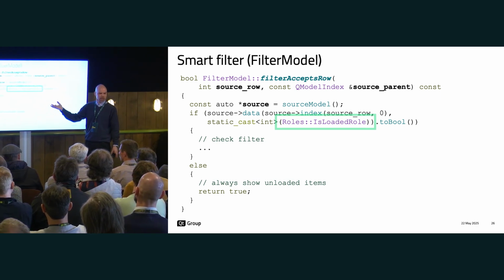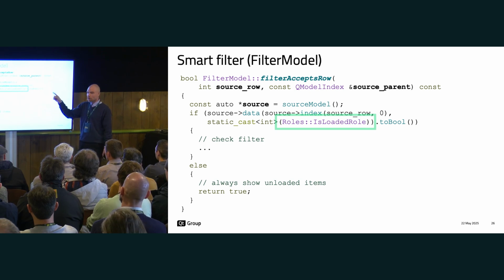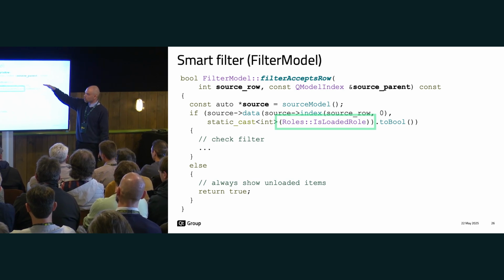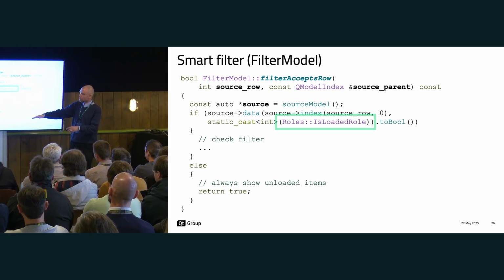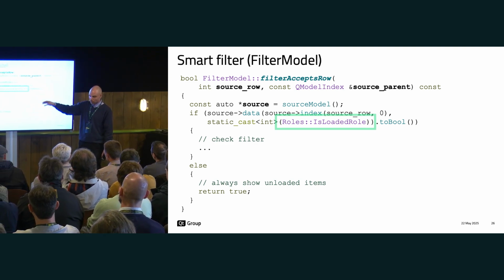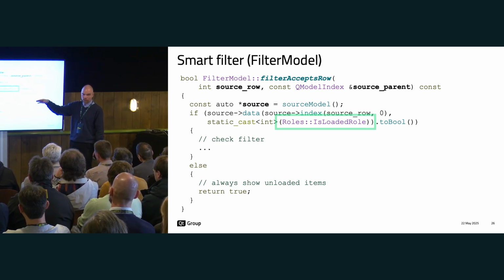Why are we showing it? And this is the trick. If you remember how the thing works, we don't show that one, we show the loading item. So we would be showing loading items, and when the data comes in, the filter will check if the item is actually shown. Some of the items stay, some get removed, and new loading items come in.